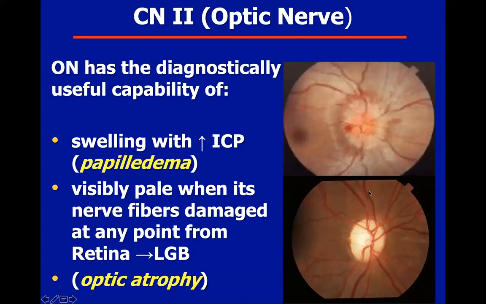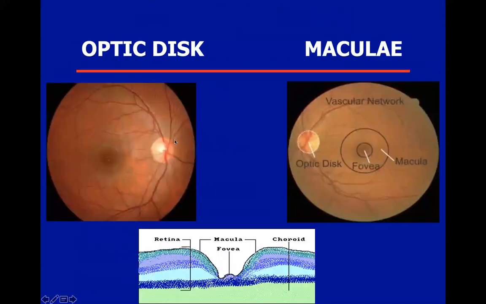If we go back to this nice normal optic disc, you can see the contour. I can actually trace it. It's nice and orange with a nice optic cup, and you can trace all the vessels very easily. This is your normal optic disc.